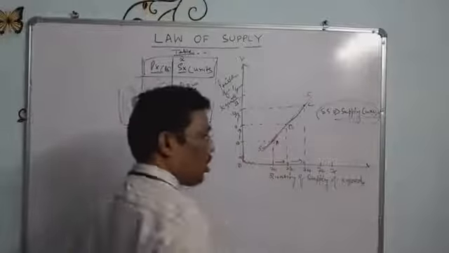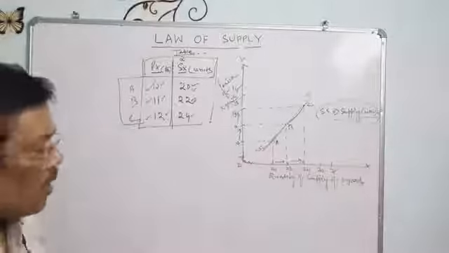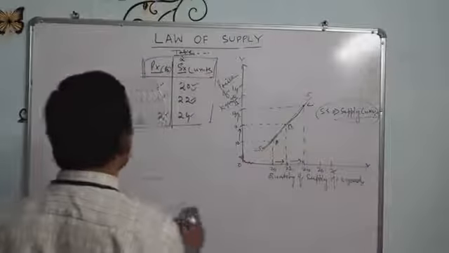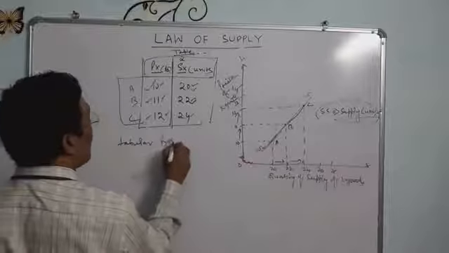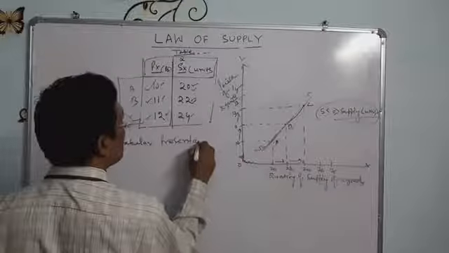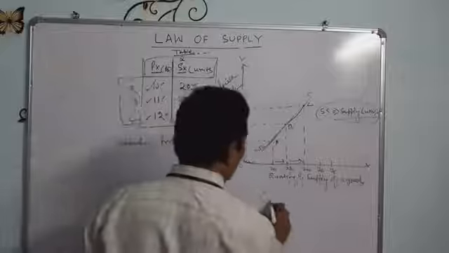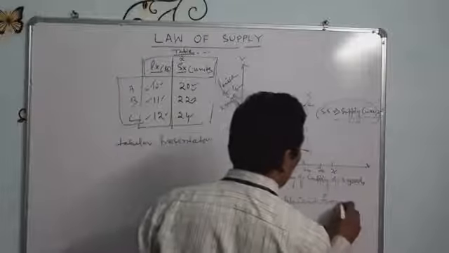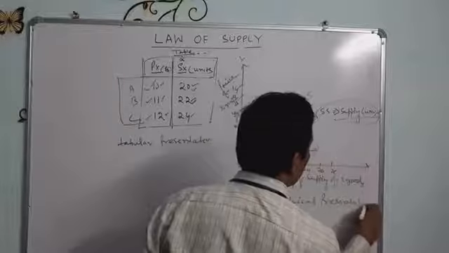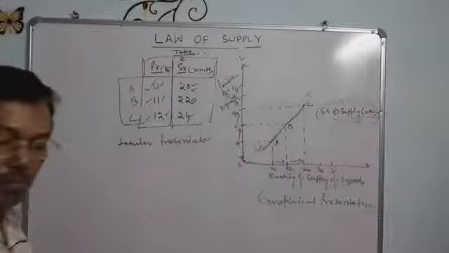SS is the curve, so that is why it is a graphical presentation. This was a tabular presentation, and this is a graphical presentation. That is the difference between tabular presentation and graphical presentation.